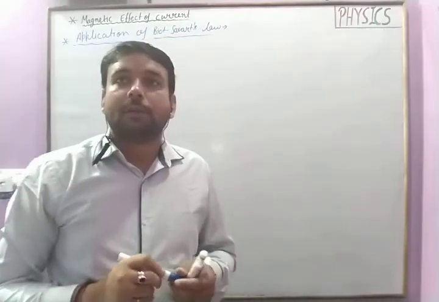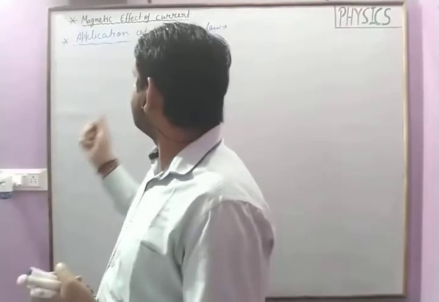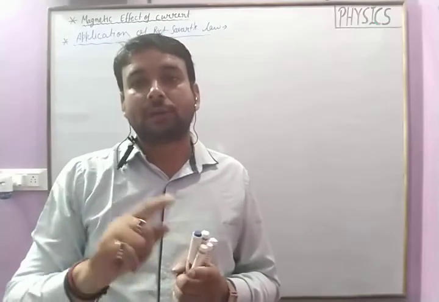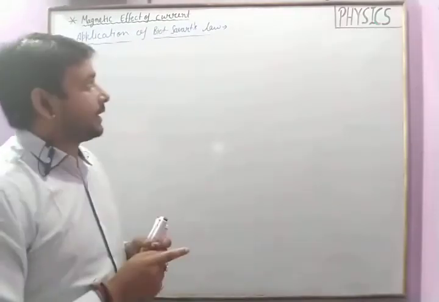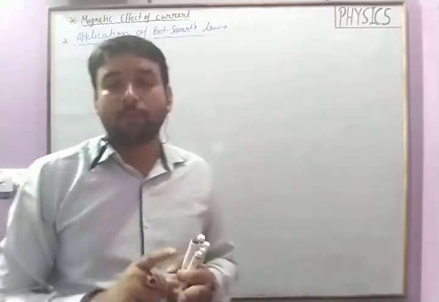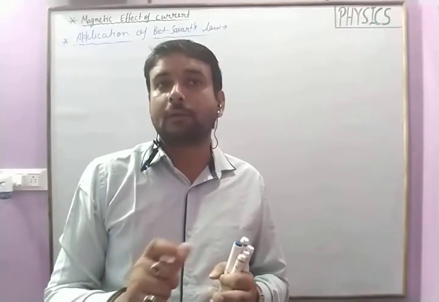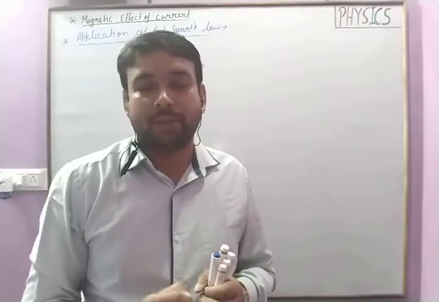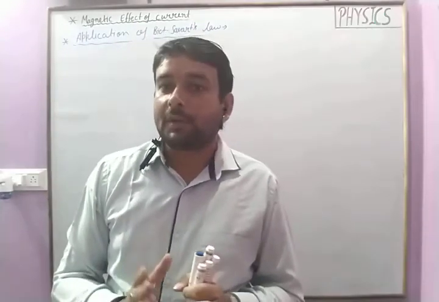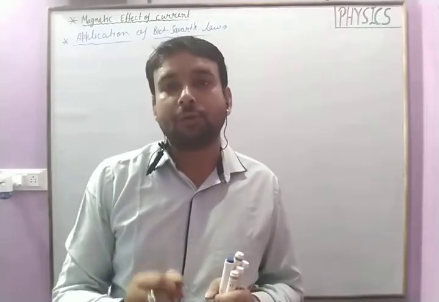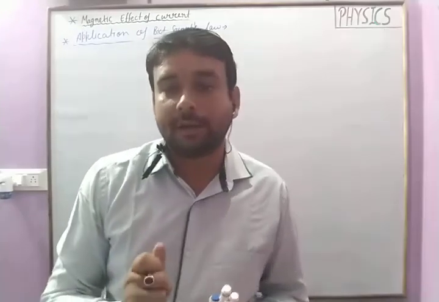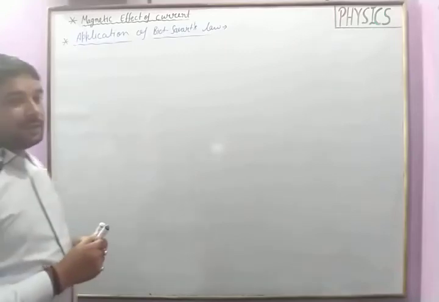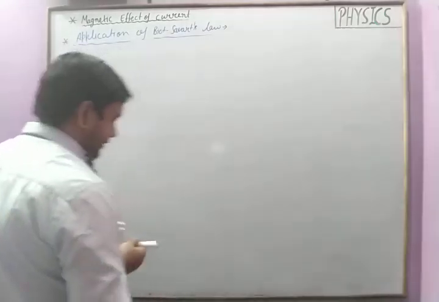One is the value of magnetic field due to a current circular coil. Second, the value of magnetic field due to a current circular coil on the axis of the coil. And third is the magnetic field due to a current carrying straight conductor. So first we are discussing the magnetic field due to a current carrying straight conductor.